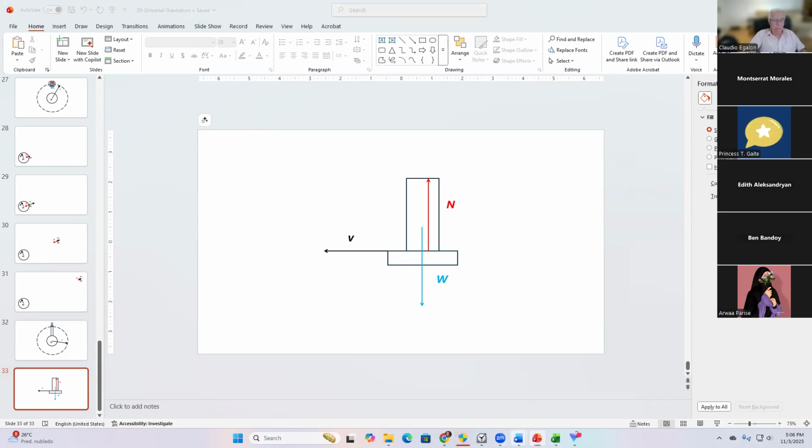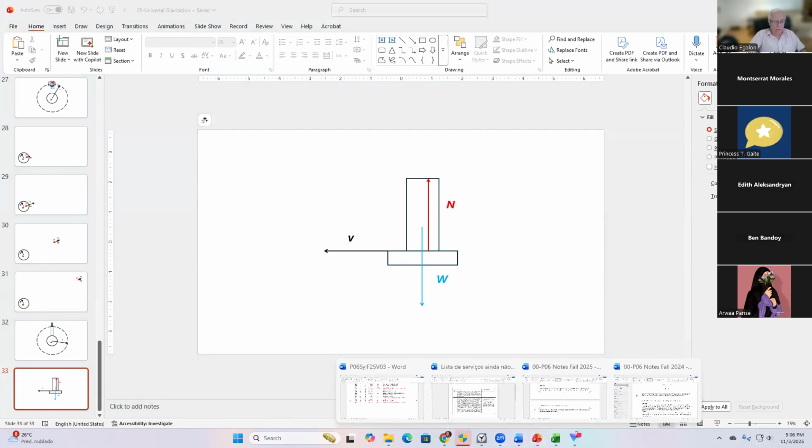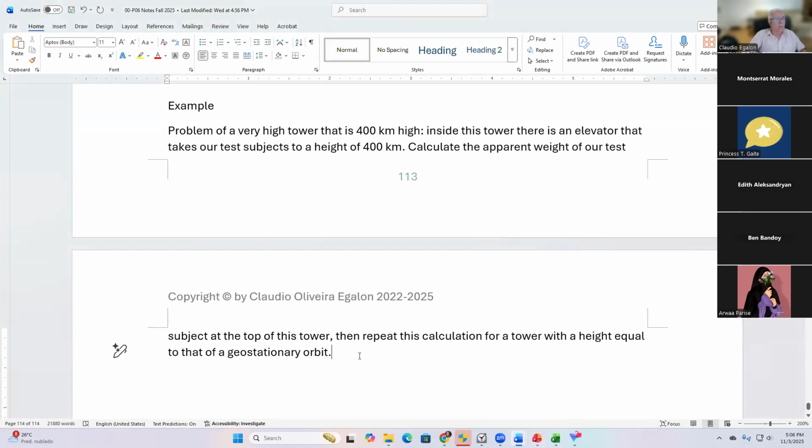And now we are going to see clearly the difference between an object that's orbiting the Earth, let's say at 400 kilometers high, and another object that's sitting at the top of a 400 kilometer high tower structure, right?